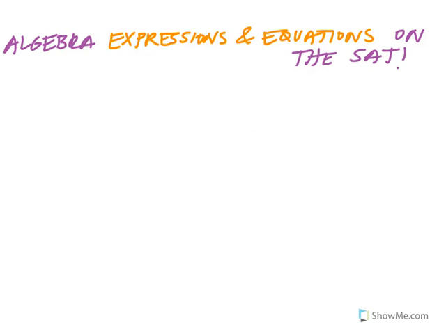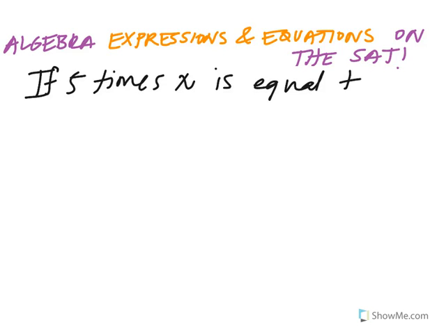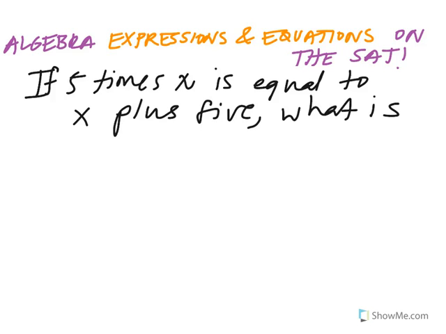Here's another example that's kind of similar in the approach. So this is an algebra problem on the SAT. But this is a word problem, and we have to translate into symbols. So, if 5 times x is equal to x plus 5, what is 4 times x?